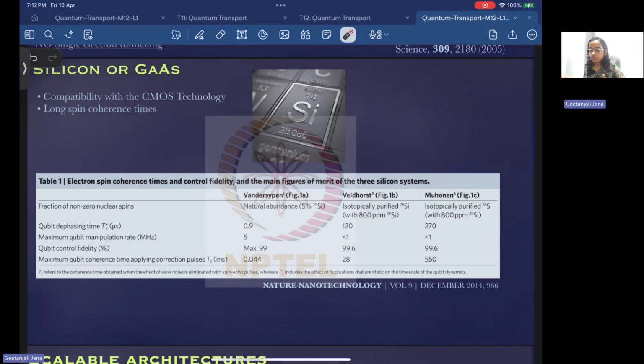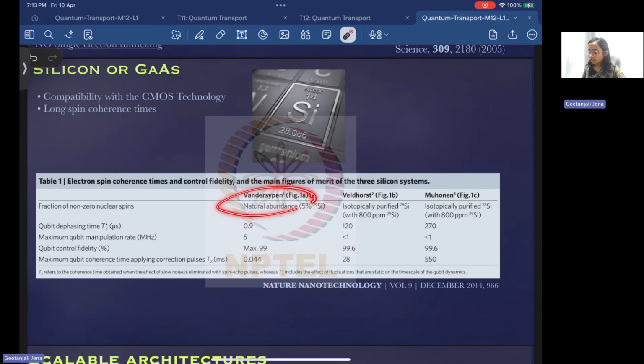But in gallium arsenide, if we see the host lattice, there is a large decoherence because of the nuclear spin. But if you look at silicon or silicon-based qubits, we can minimize this nuclear spin by isotopic purification.